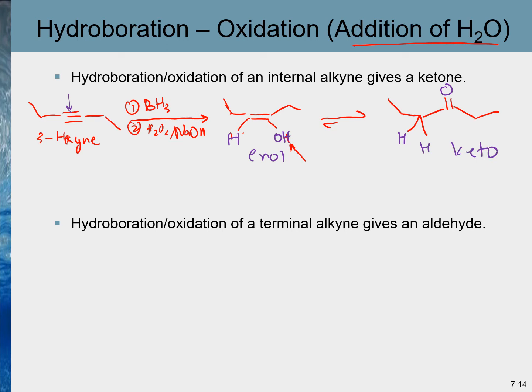So at the end we have a ketone, so this is 1 2 3 4 5 6, so that's 3-hexanone. That's the name of this ketone.